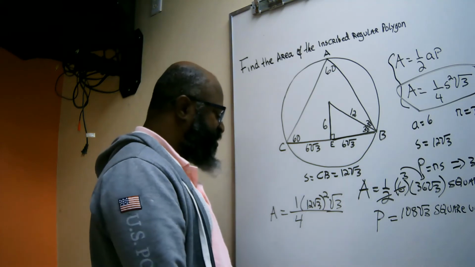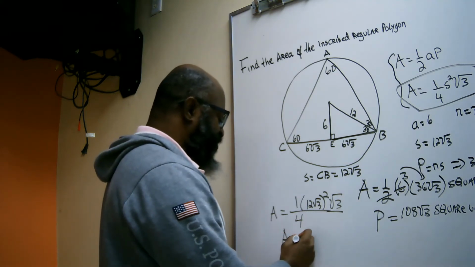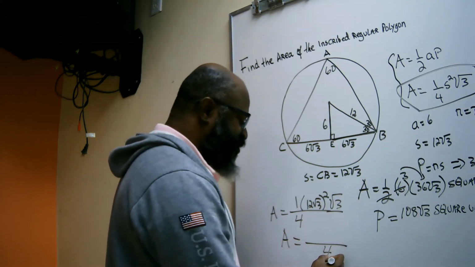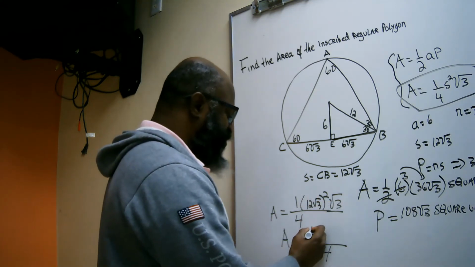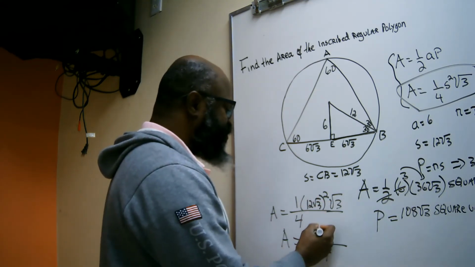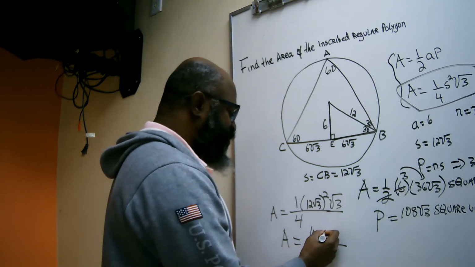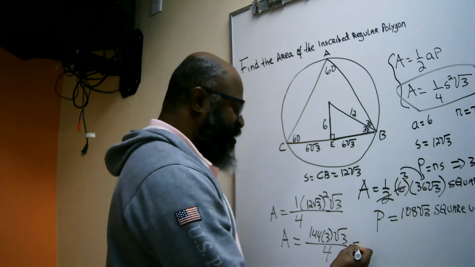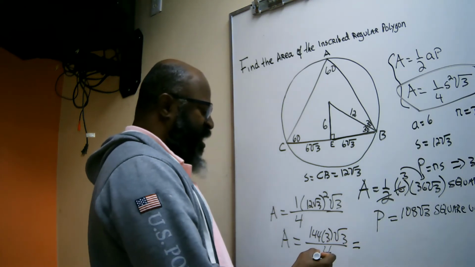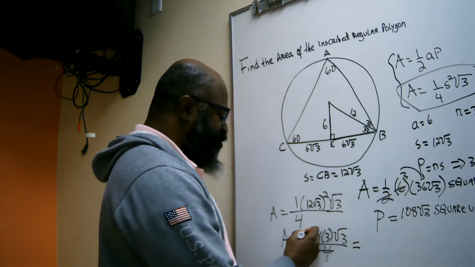In this case, we need to simplify that. We will have over 4, that's 1/4, 12 squared, which is 144, square root of 3 squared, which is 3, times square root of 3. Now we have to simplify that. How many times does 4 go into 144?